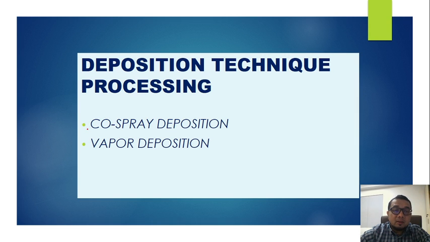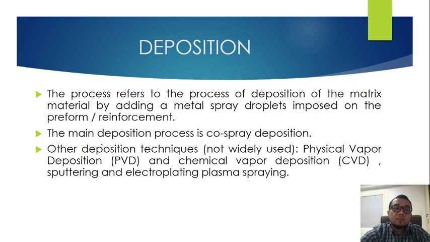So we have divided it into two: cold spray deposition and vapor deposition. Deposition refers to the process of depositing the matrix material by adding metal spray droplets onto the preform or reinforcement.